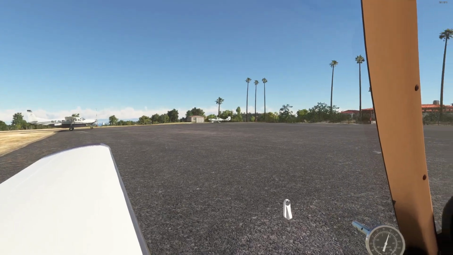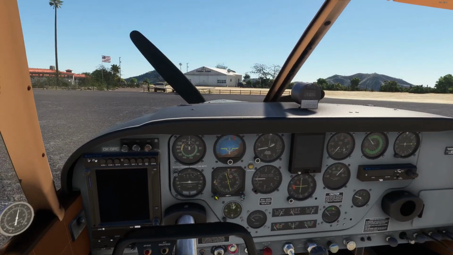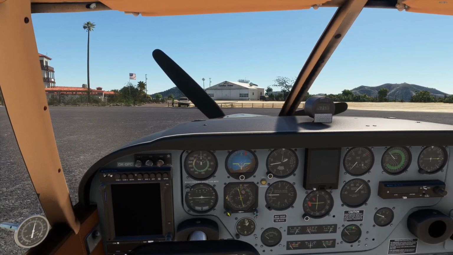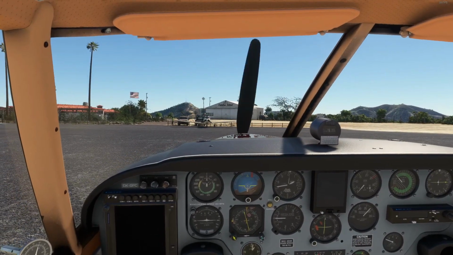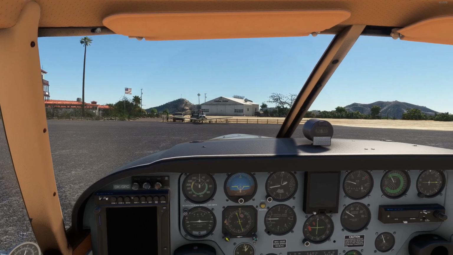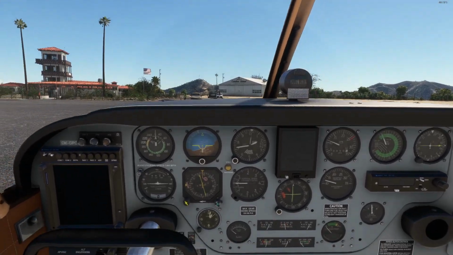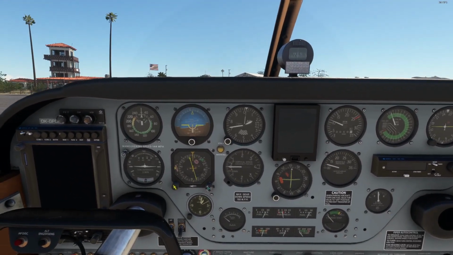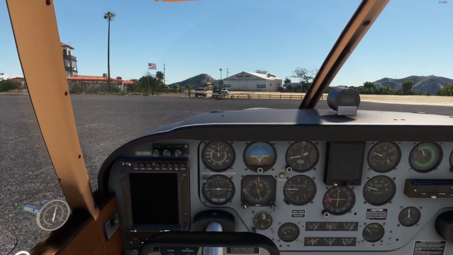All right, so clear the prop and let us start. Okay, checking the oil pressure is in the green, very nice.